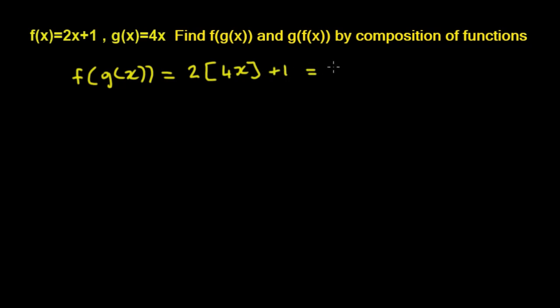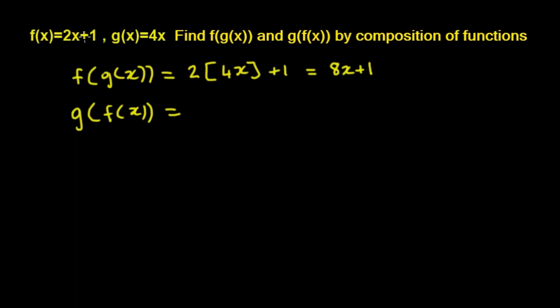So that's going to be 2 times the 4x plus 1. So that's going to be 8x plus 1. Now we'll look at the g of f of x. So we're going to do f of x first, and we're going to place it into g. So f of x is 2x plus 1.